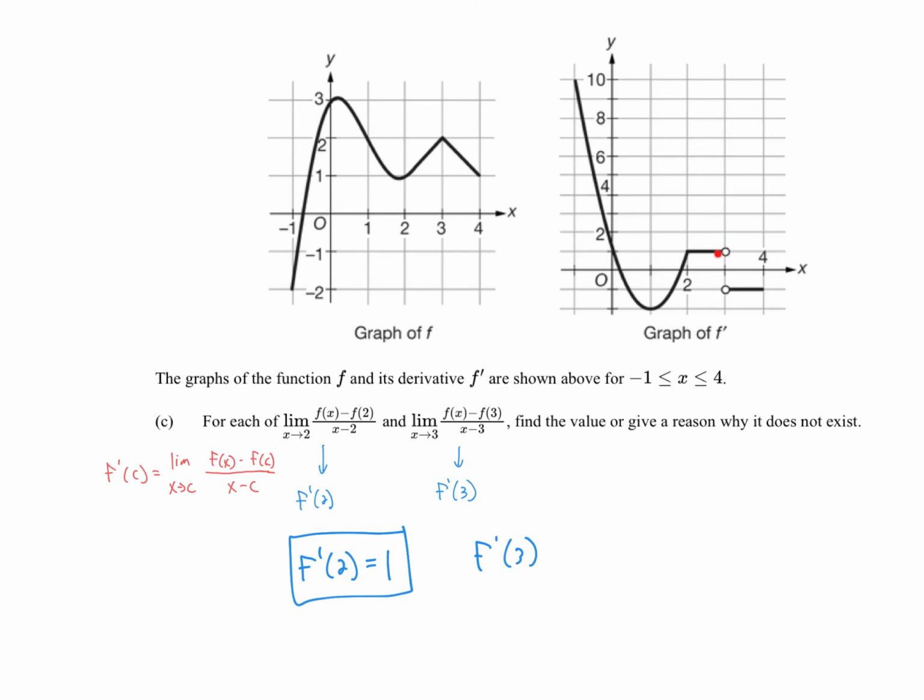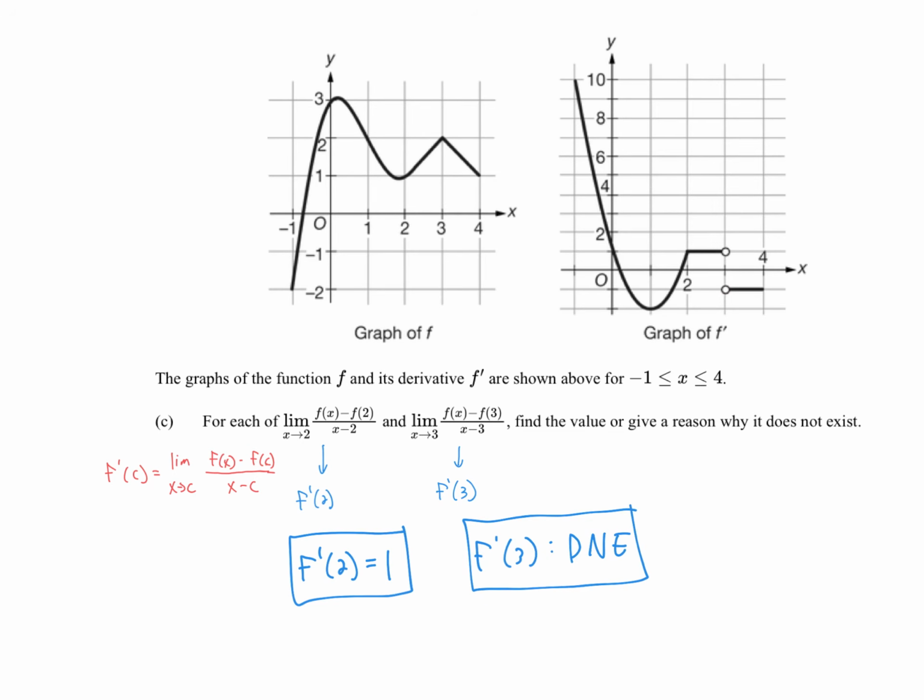Okay, and then f prime at 3, see there's 2 open circles here at this jump discontinuity, and so there's no point here, no point here, and no point anywhere at x equals 3, so f prime doesn't exist at x equals 3.